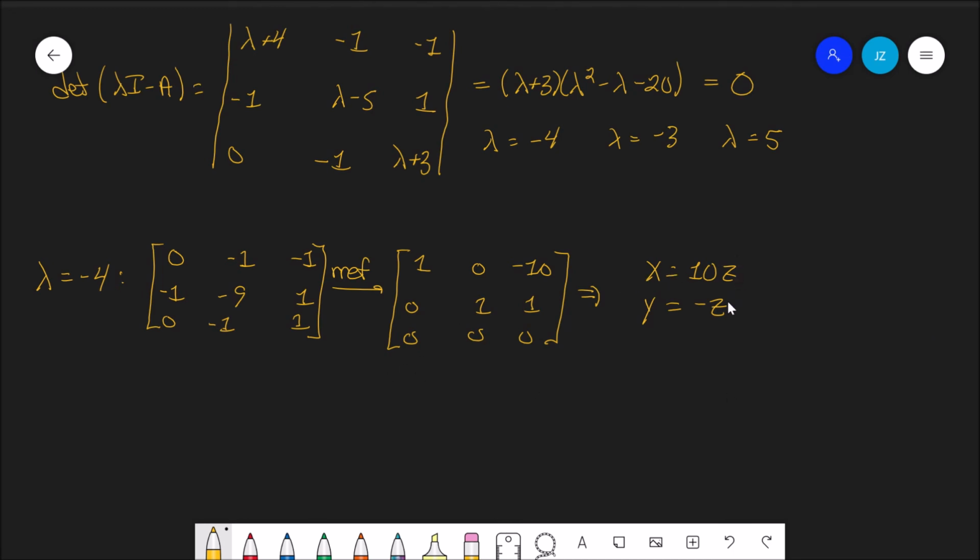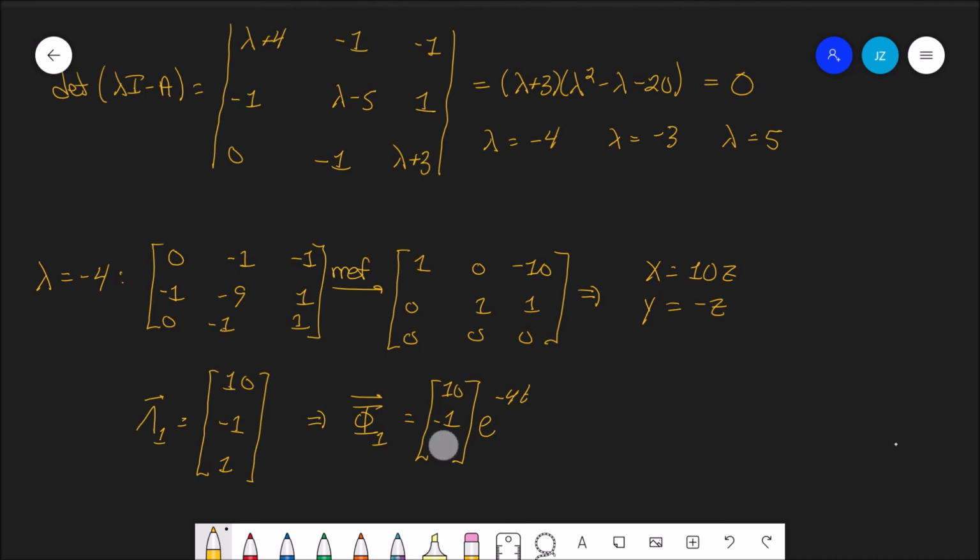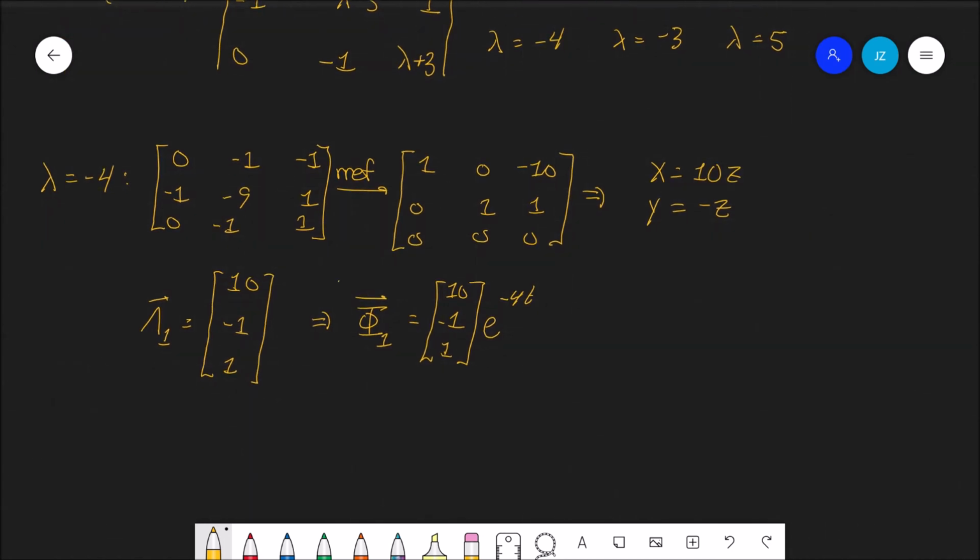You should recall that we can let z be any value we want. So we'll take our first eigenvector to be the vector 10, negative 1, and 1, which gives us the solution vector 10, negative 1, 1, all times e to the negative 4t. We'll keep that in the back of our mind.